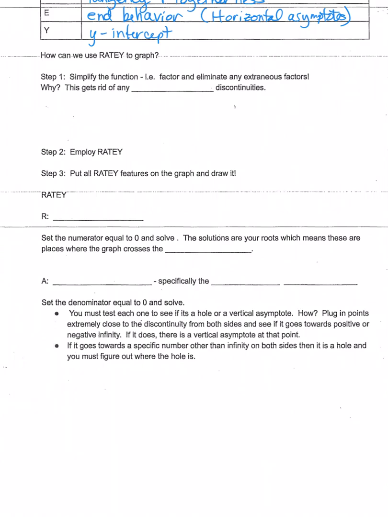In the numerator and denominator, if we have the same factor, we can get rid of it, can't we? But if we do that, what happens? We know that gets rid of a removable discontinuity. Okay? So then we'll have to check and see, is that a hole? Because it may be a hole if it's removable, isn't it? So then we have to check and look at it.